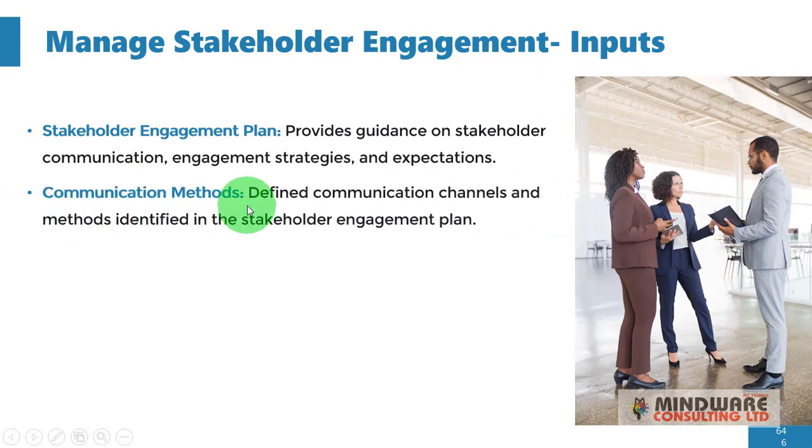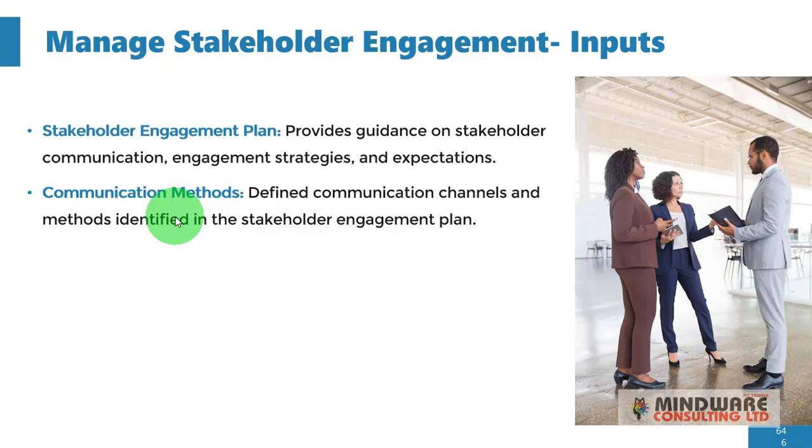Communication methods. These are the defined communication channels and methods identified in the stakeholder engagement plan. So you have the communication methods that you're going to use, whether you're using social media platforms like WhatsApp, Facebook groups, Instagram Live, a whole lot of them.